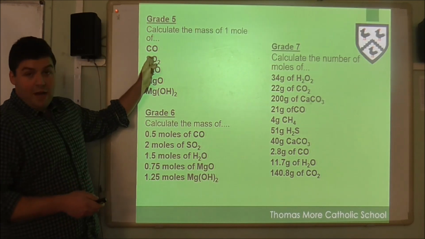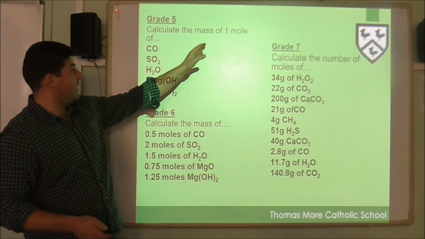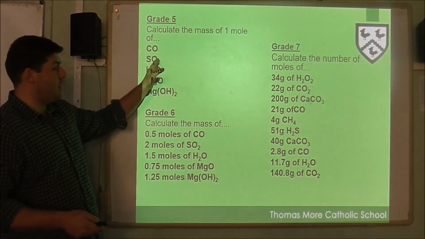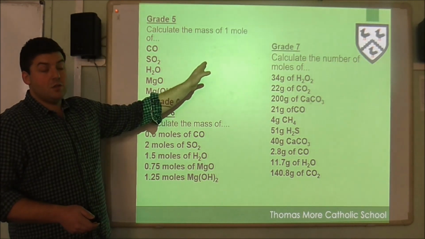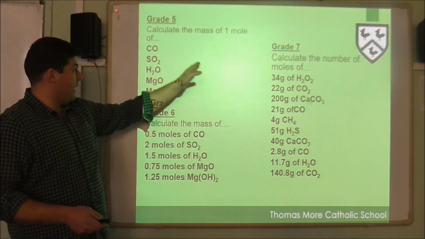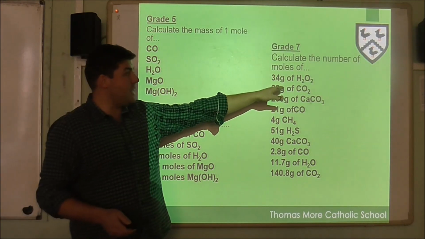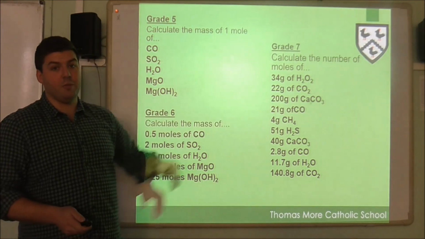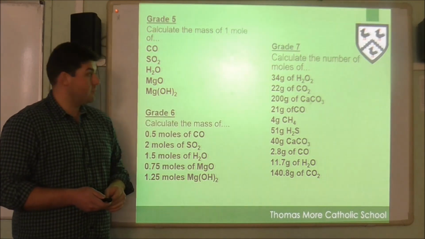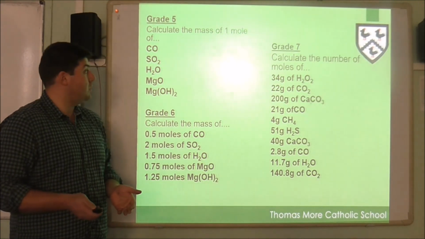If you're working out mass, you obviously have to rearrange the equation, and I've given this to you. So 1 mole will equal mass divided by the relative formula mass, and the same for this example, whereas here, where you're calculating the number of moles, you do mass divided by the formula mass. Here's the answers you should have got.